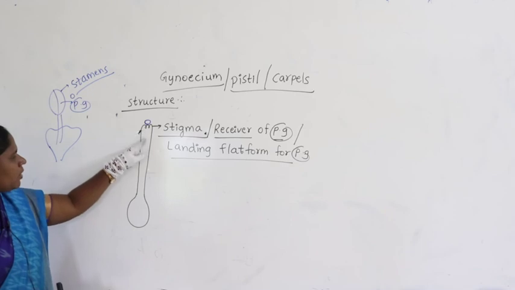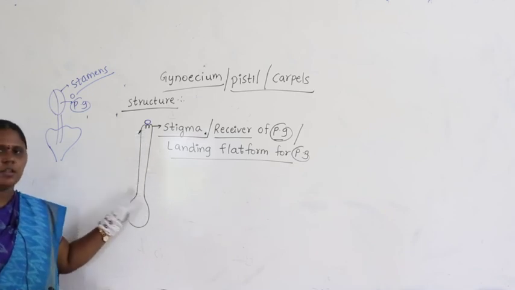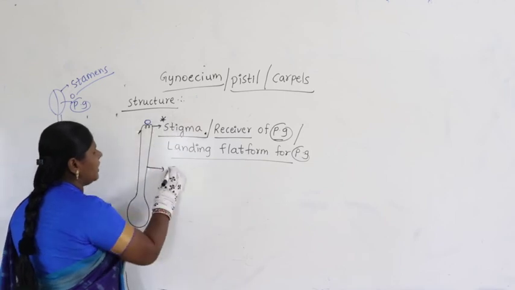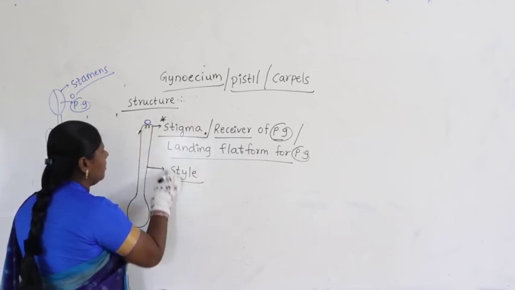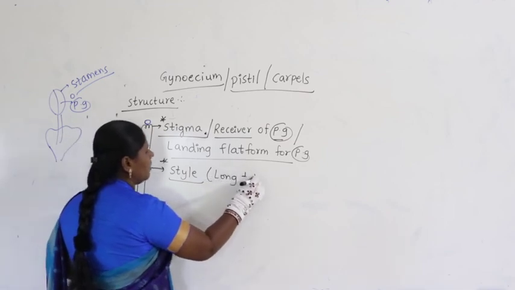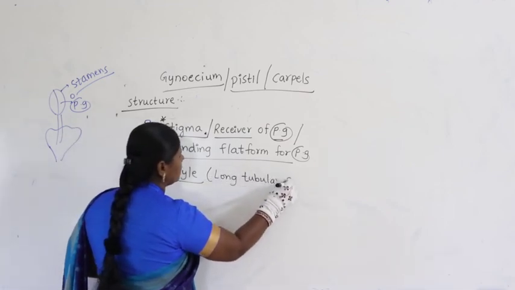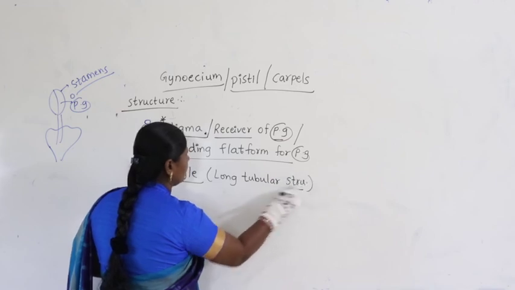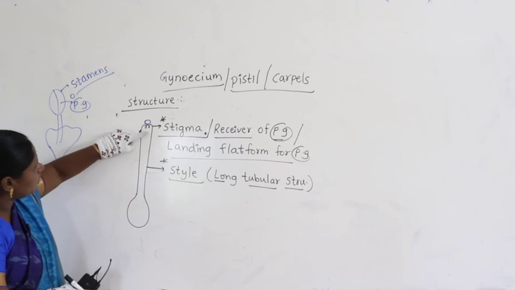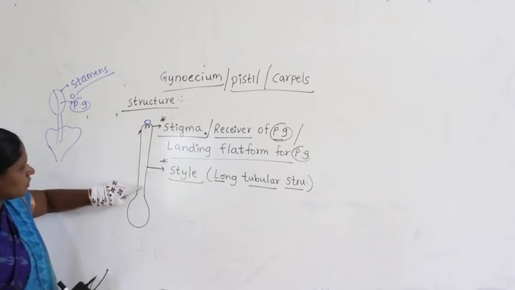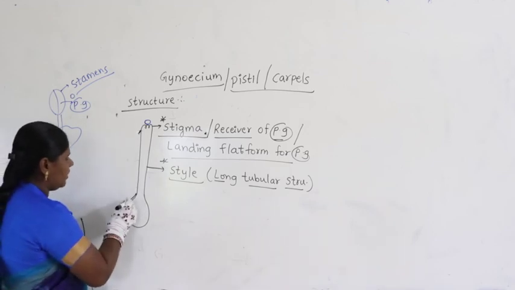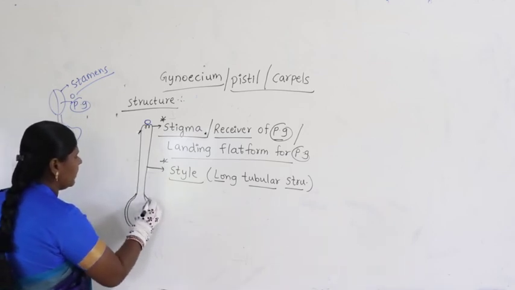Now, this is supported by a long stalk, a long tubular structure, which we call style. Style is nothing but a long tubular structure. Then at the base we find the ovary.